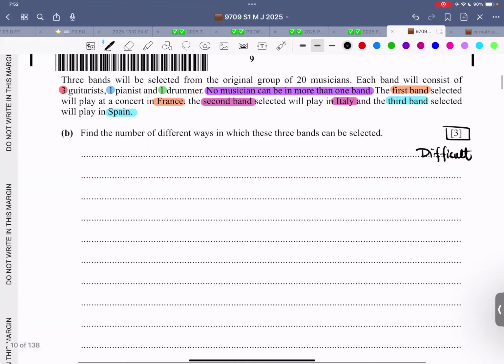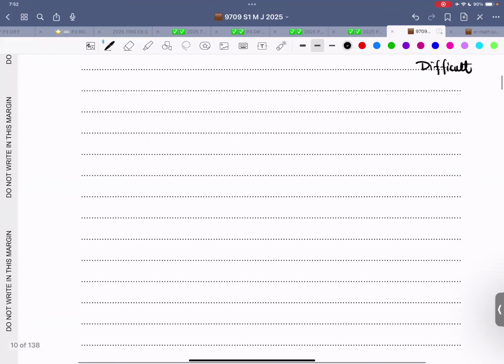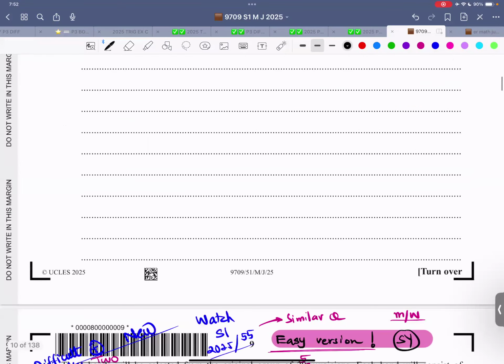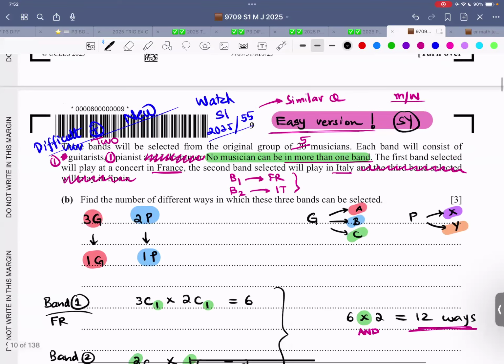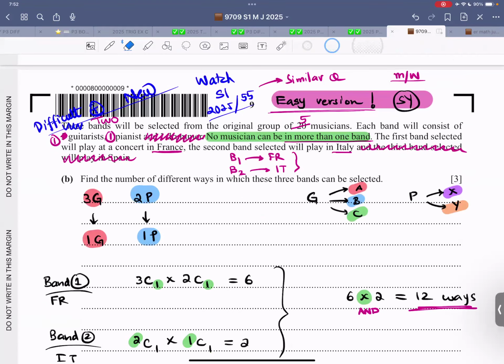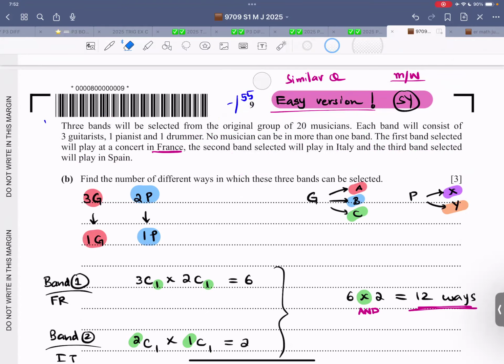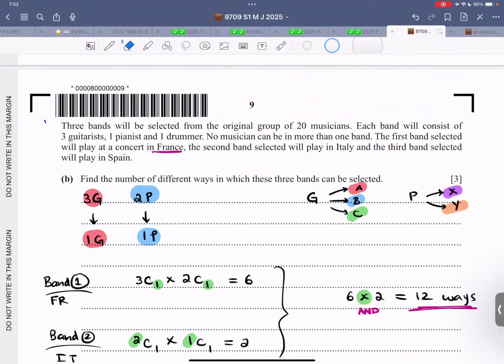So what I have done is I have first modified the question, so that you can easily watch what I'll be doing. That is the easy version. Just focus on this.